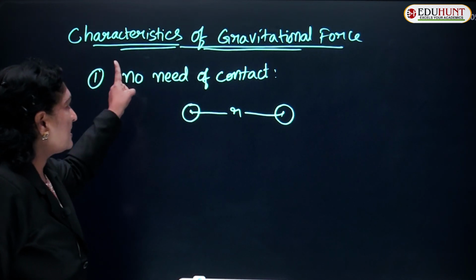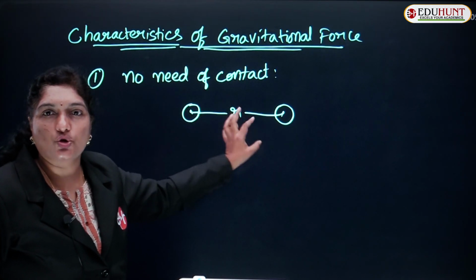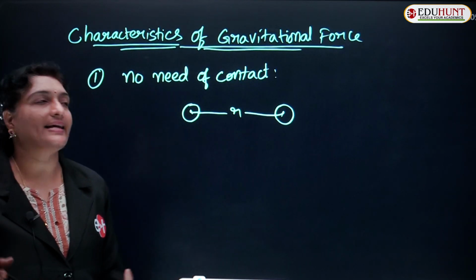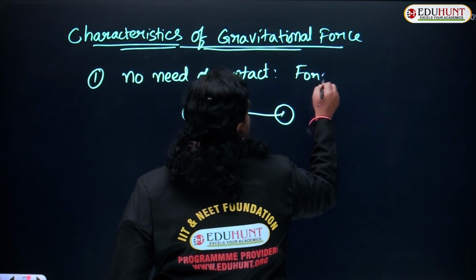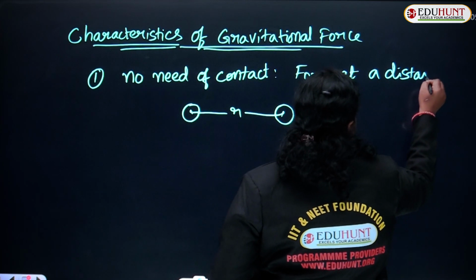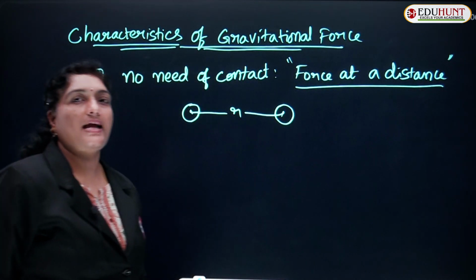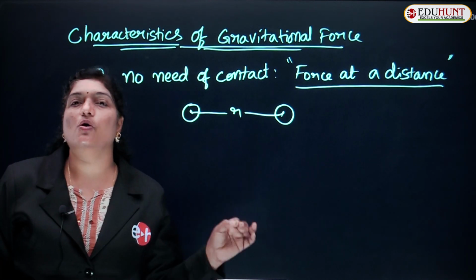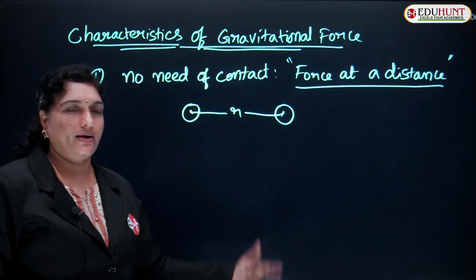Hence, as there is no requirement of any contact between the two bodies, this force is called a force at a distance. So, what is the first one? Force at a distance. This is the first characteristic: it is also called a force at a distance because there is no requirement of any contact between the two bodies.